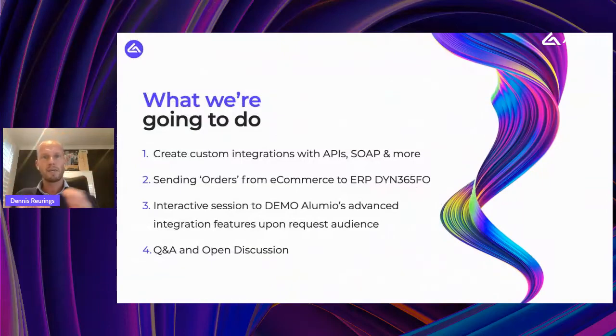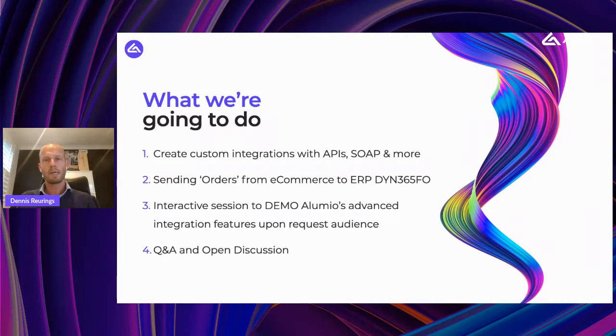So with today's expert webinar, we plan to broadly demo 3 advanced functionalities. First, we will show you how to create a custom integration. Second, we will create an integration flow using the connected packages where orders are sent from the e-commerce platform to the popular ERP Microsoft Dynamics 365.